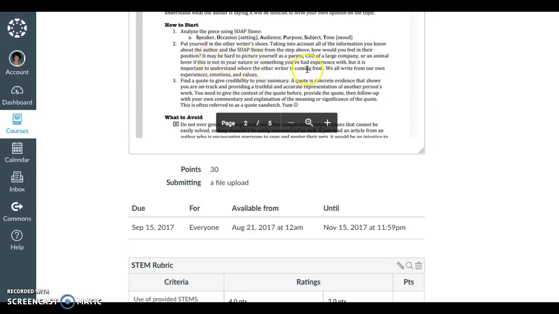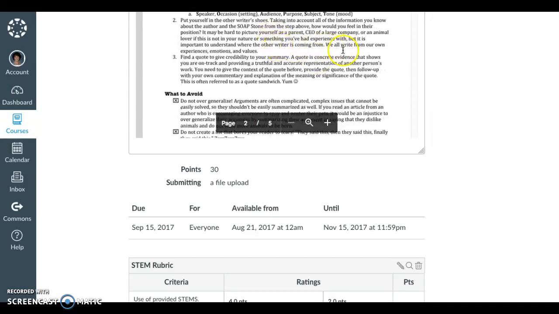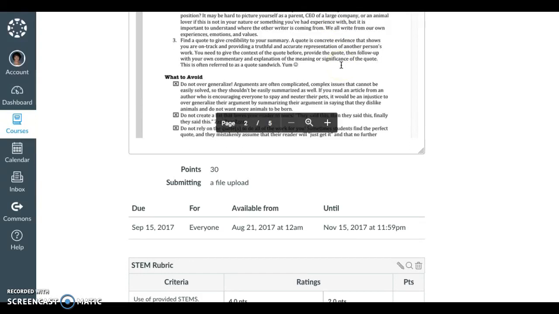It may be hard to picture yourself as a parent, and this particular reading is from a parent's point of view, or a CEO of a large company, or an animal lover, or whatever the reading is about. But it is important to understand where the writer is coming from. So even if you don't have things in common with the writer, you will want to make sure you understand where the writer is coming from. We all write from our own experience, emotions, and values.